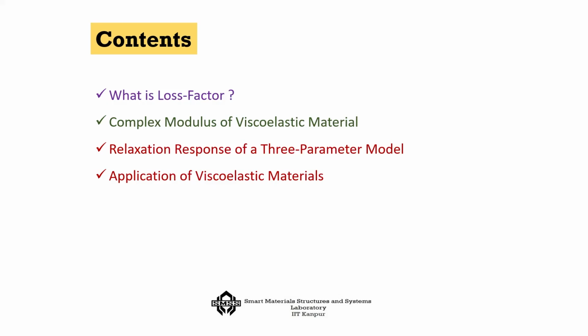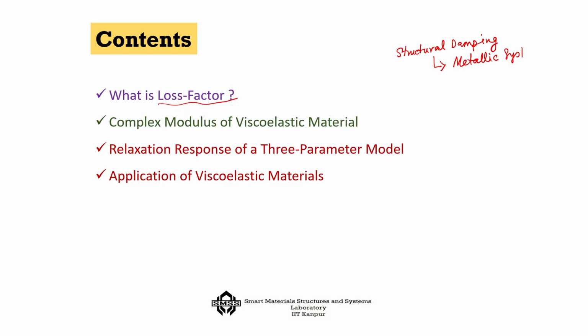In the last lecture, I mainly focused on structural damping, and also defined the loss factor with respect to that. Now, structural damping is something which we generally use for metallic systems.